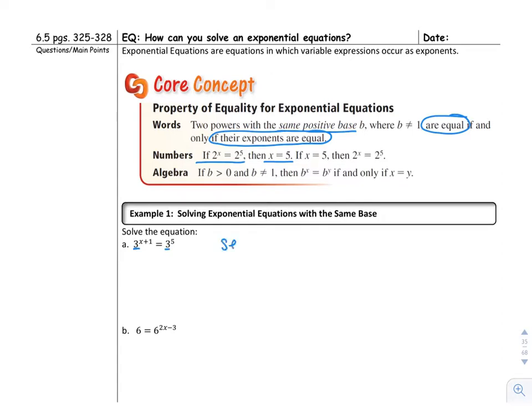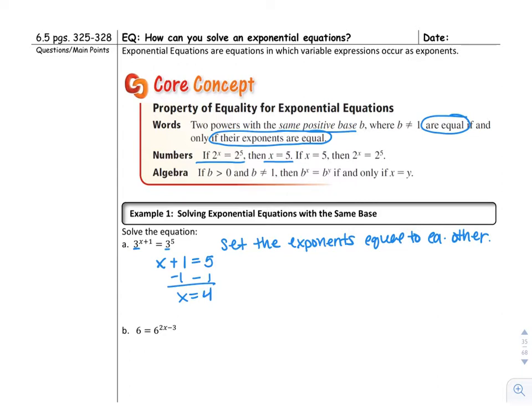So we can set the exponents equal to each other, and we can solve for x. So we have an equation then of x plus 1 is equal to 5. And of course, I think the answer is obvious here. You would subtract 1 from each side, and x is equal to 4.